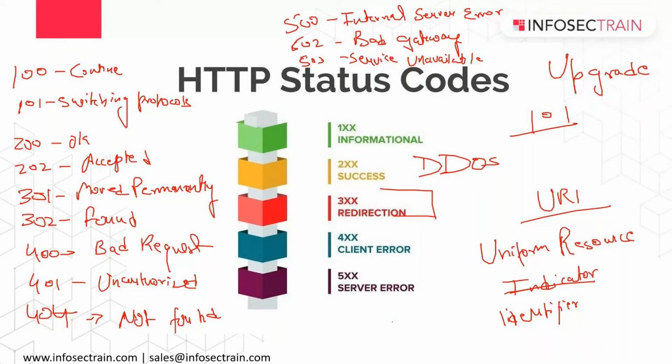See, bad gateway will always be there when you are not getting a response from the gateway. Let's say you do shopping from Amazon, right? Now, when you are doing shopping from Amazon, there is a gateway in between. That gateway is your payment gateway, right?